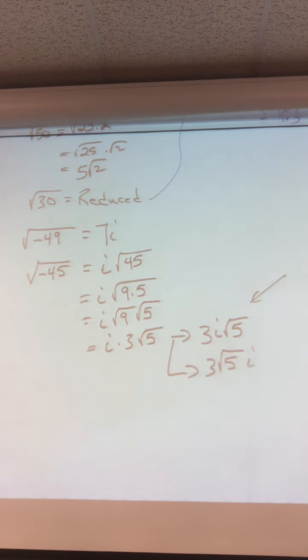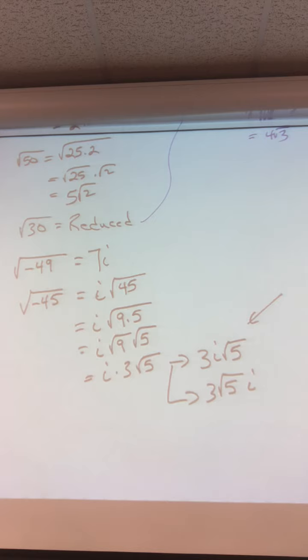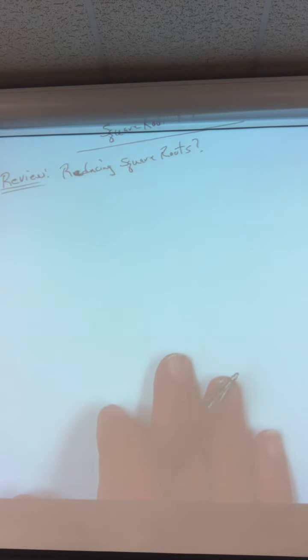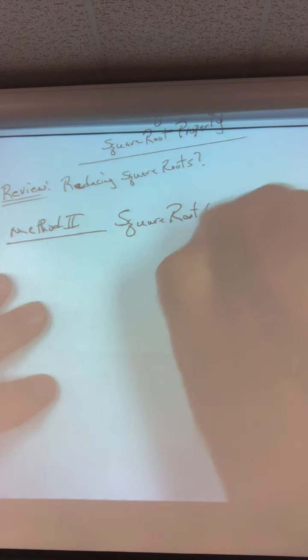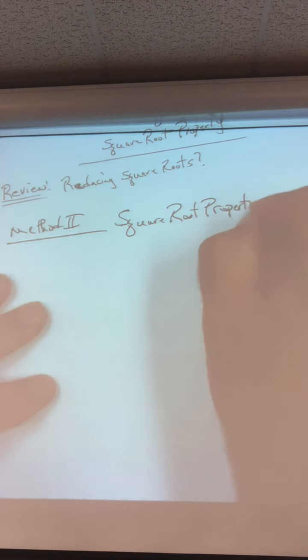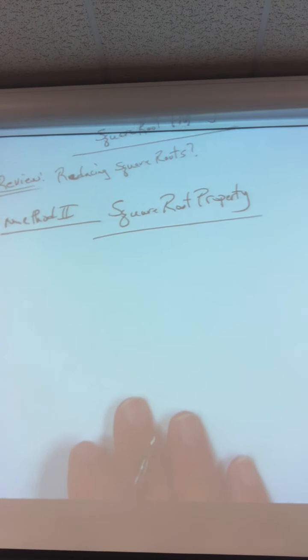Now, I reviewed that because you're going to need that in this next method that we're about to go over: method 2, the square root property.